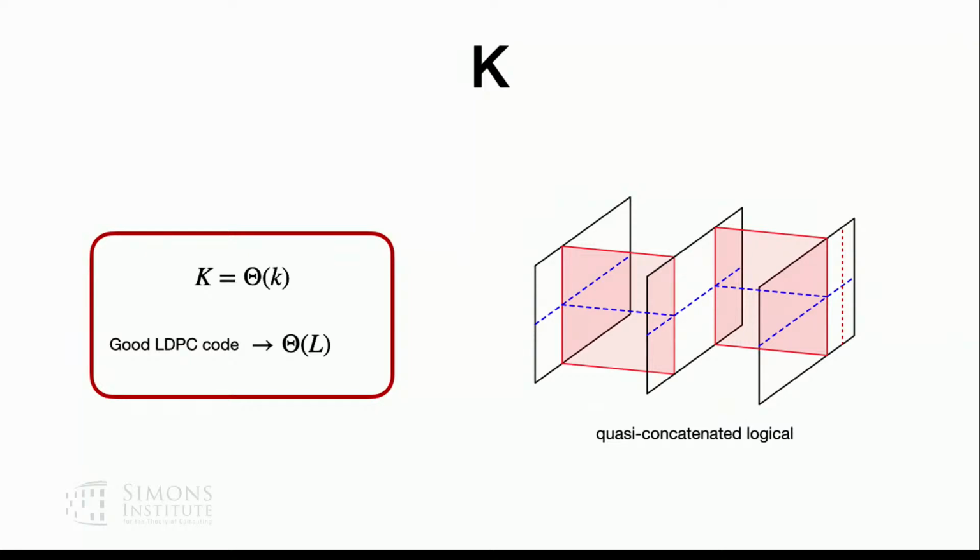For K, this is where the main proof idea for K and D is this idea of quasi-concatenated logicals, which is that you take some logical. So here is a little picture of a repetition code on 3 surface code layers with these ZZ checks implemented by 2 more surface code layers. And on your repetition code, in this basis, you'd have an XXX logical. Here, you don't quite get the logical of the concatenated code.